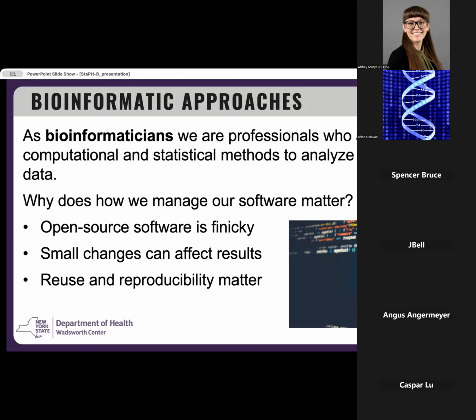We weren't expecting to have to reproduce it year after year, make changes, and keep using it. So there seems to be a learning curve for a lot of people that come into bioinformatics in public health as it relates to that reproducibility aspect. And that reuse and reproducibility really matters for the type of work that we do.